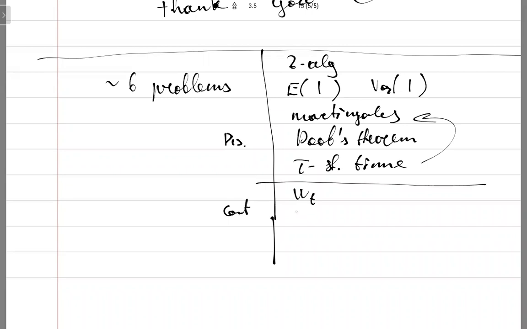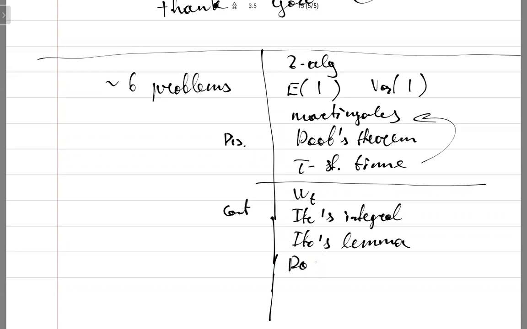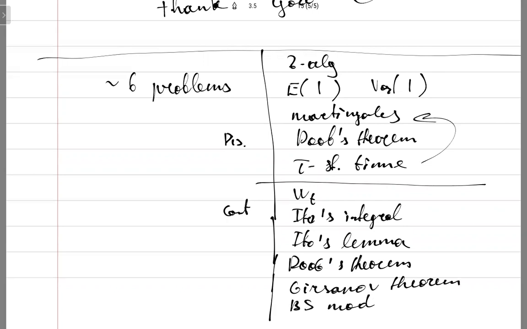We have the Ito integral and its properties. The main property is Ito's lemma. We have once again Doob's theorem. What else? Basically, I think we have the Ito integral, Ito's lemma, Girsanov theorem, the Black-Scholes model, and pricing.